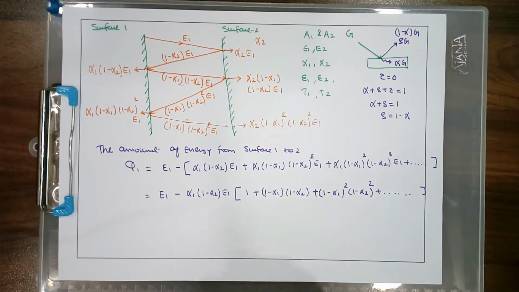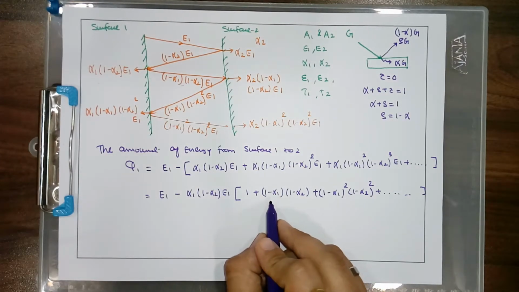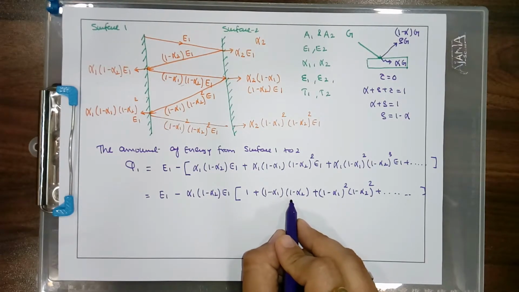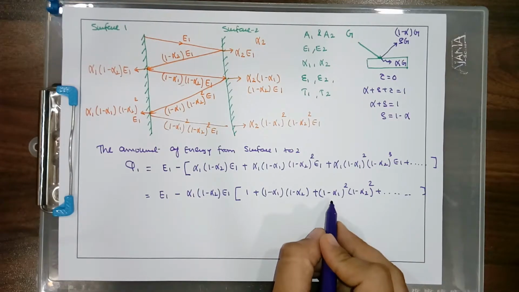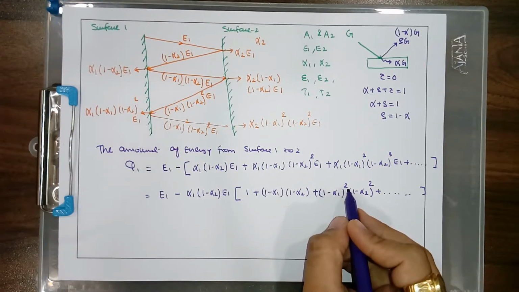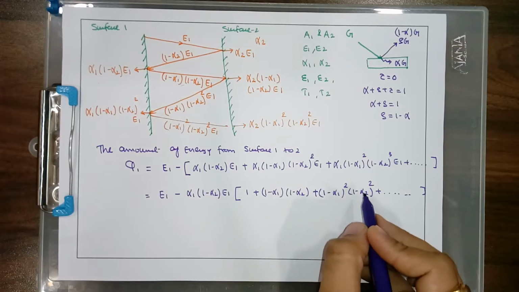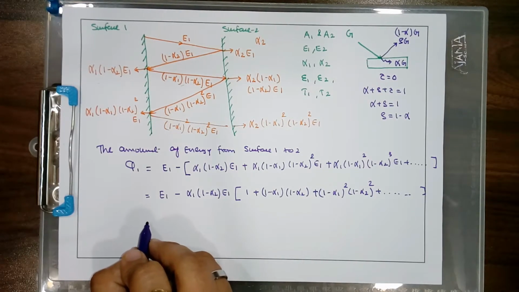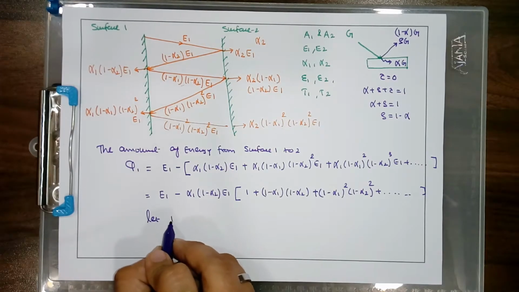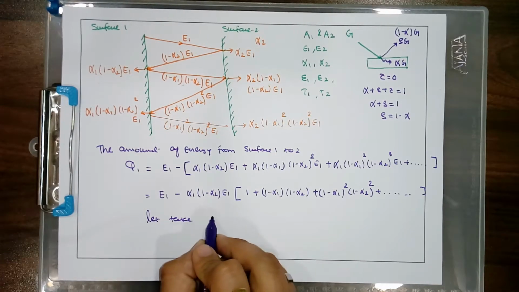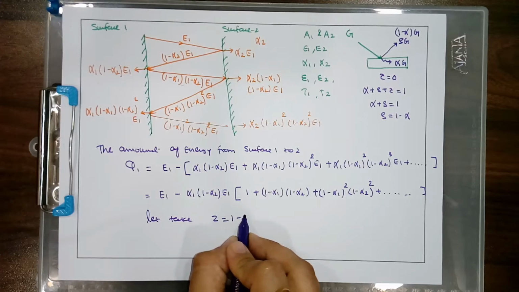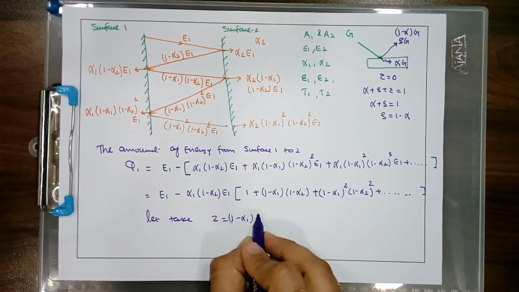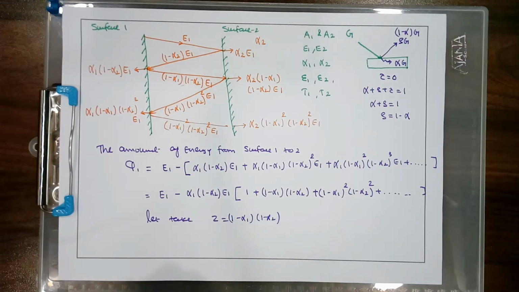Now here you can see that in the first term it is 1 minus alpha 1 and 1 minus alpha 2. Similarly, it becomes (1 minus alpha 1) to the power 2 and (1 minus alpha 2) to the power 2. So let us assume z equals (1 minus alpha 1)(1 minus alpha 2).